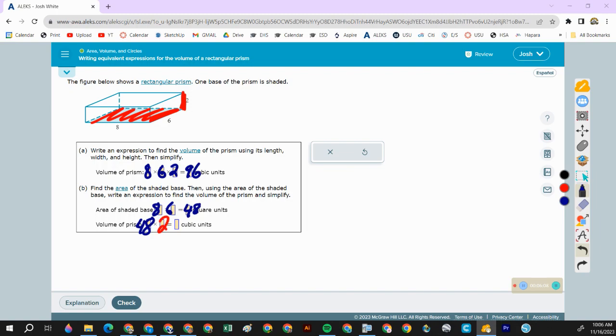So there's sort of two different ways to think of the volume of a rectangular prism: length times width times height, or you can just take the area of one side and then multiply it by that third dimension, and that will give you your final volume.